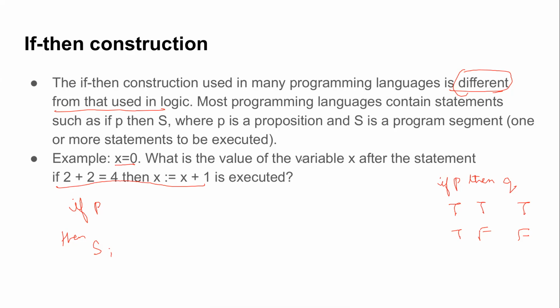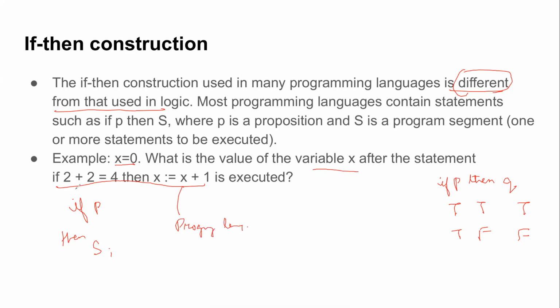Yes, class, what will be the value of x? Come on, class, it's a very simple if-else question. I have a variable x which has a value 0, and the question is what is the value of variable x after this statement is executed?